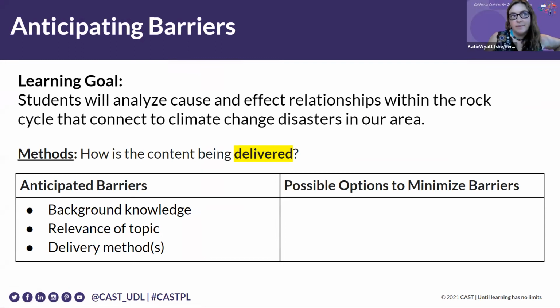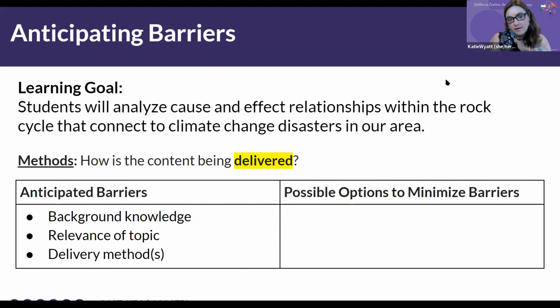All right, so like Becky mentioned, we're going to be diving deep with sample goals to unpack each one of those 4 buckets. We pulled out just one of those buckets in an example here. Our sample goal reads: the learner will analyze cause and effect relationships within the rock cycle that connect to climate change disasters in our area.